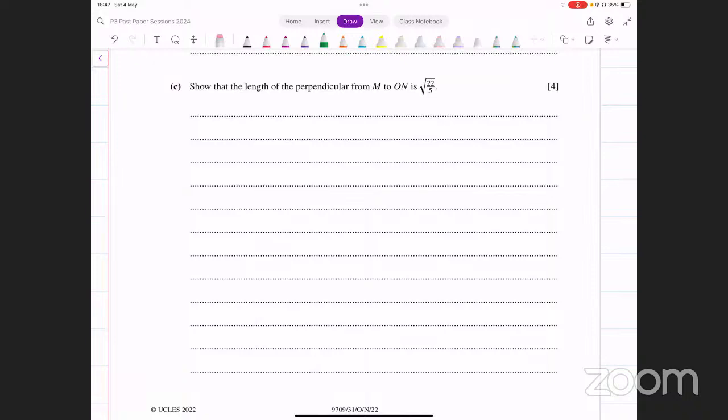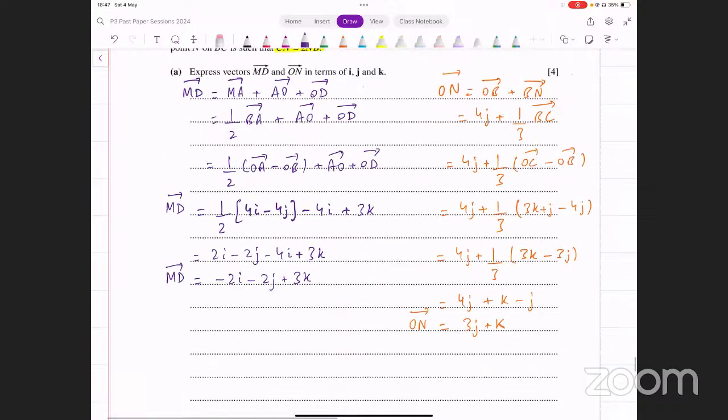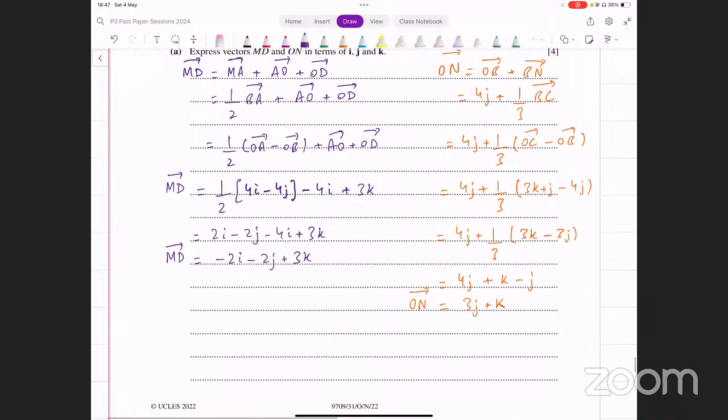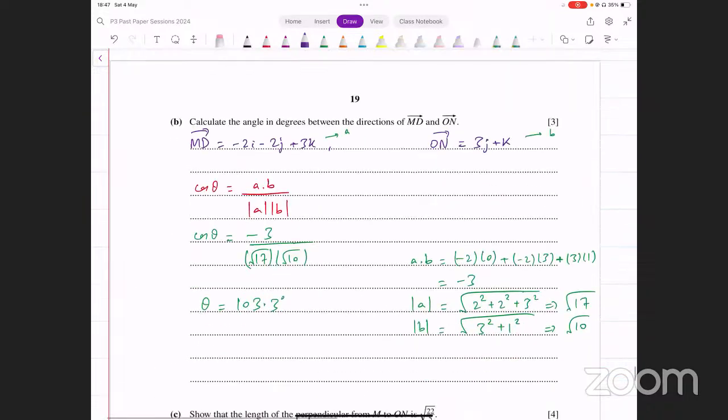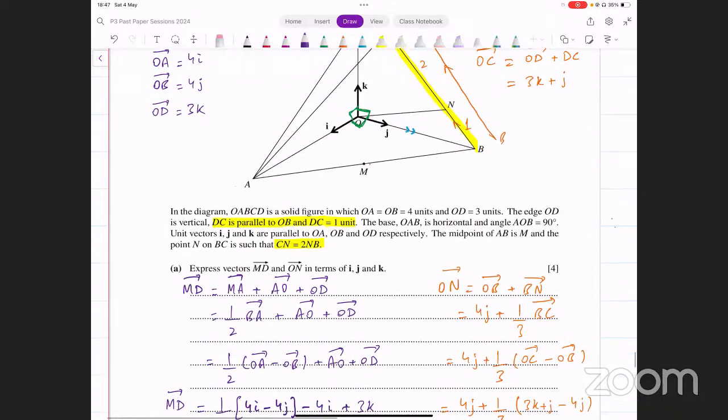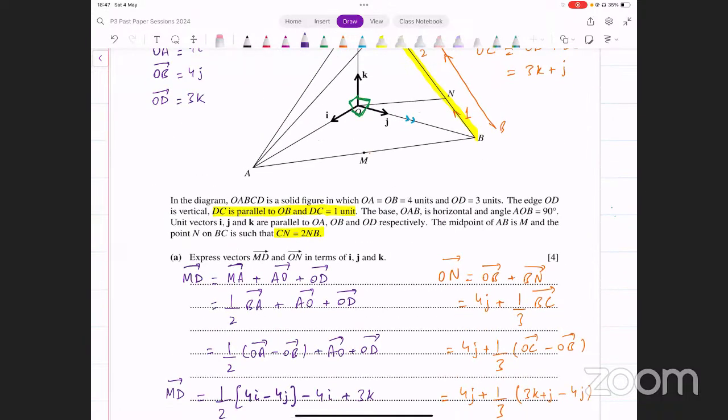You need the position vector of the point M, OM. Do we have that anywhere here? Well, we don't. We have to find the vector OM first, the position vector of the point M.